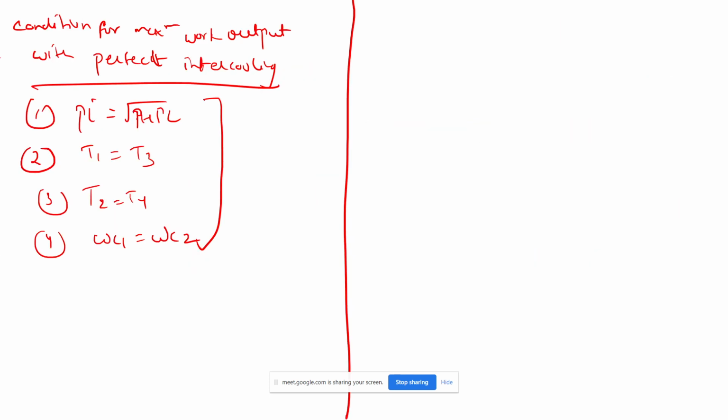We will do one big question that covers all the topics, basically both reheating and intercooling, because both are the same. This question was asked in the IES exam. I have taken it because it covers both topics in the same problem. In the question they have mentioned there is a regenerative reheat cycle.